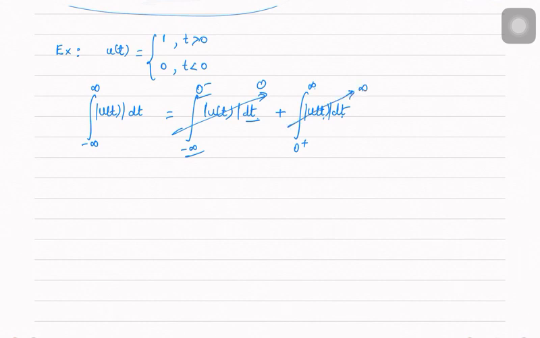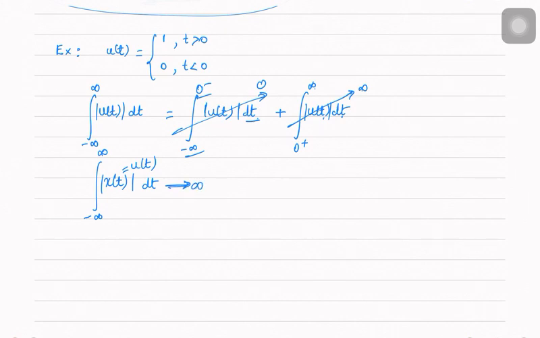So the area under mod of x of t dt, for this specific example x of t equal to u of t, is tending to infinity by this condition.